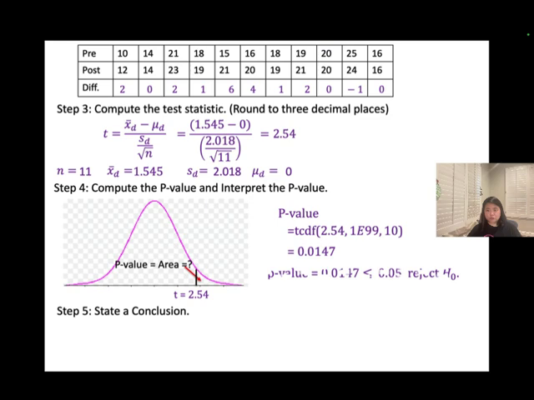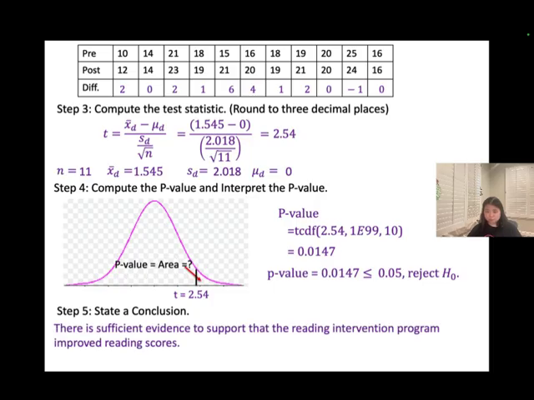Compare with your significance level. So reject the null hypothesis. So we're going to state that there is sufficient evidence to support the reading intervention program improve reading score. Okay, because we believe alternate hypothesis is true. So the intervention program improved the reading score.